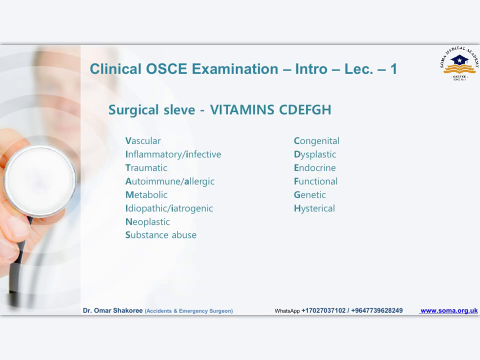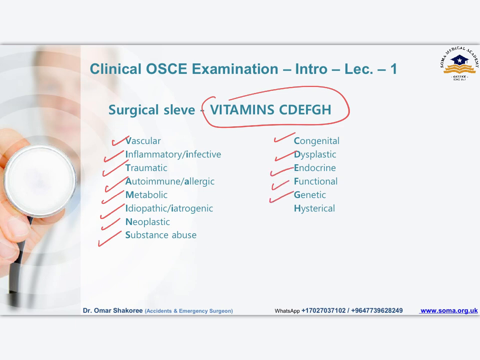As you see here, the vitamins C, D, E, F, G, H. The causes in general are vascular, inflammatory, traumatic, autoimmune, metabolic, idiopathic or iatrogenic, neoplastic, substance abuse, congenital, dysplastic, endocrine, functional, genetic, and hysterical causes. This is vitamins C, D, E, F, G, H.